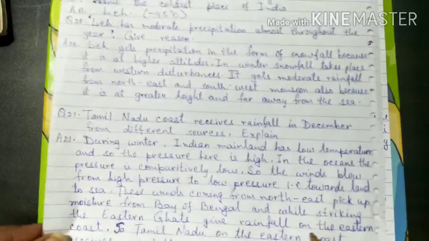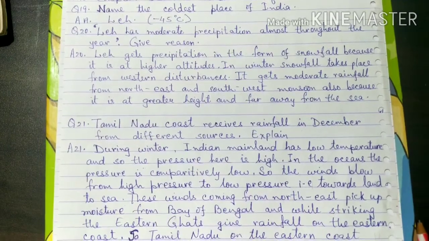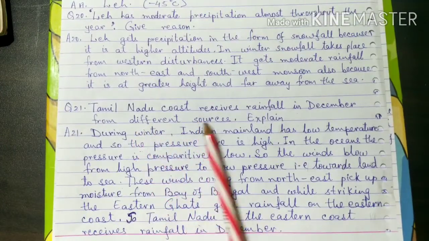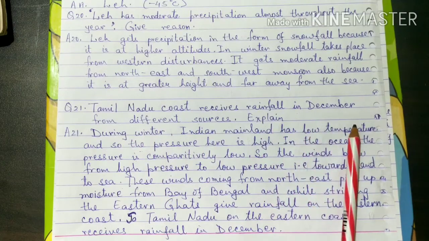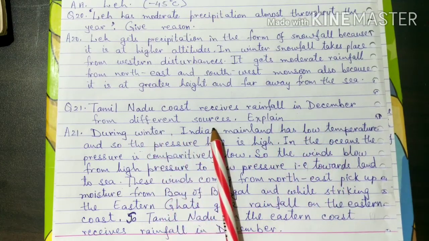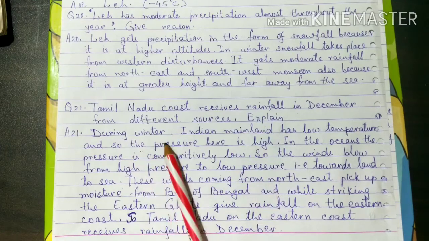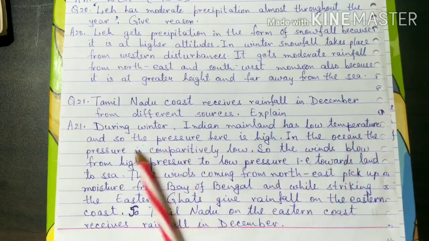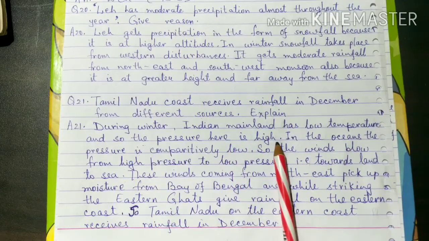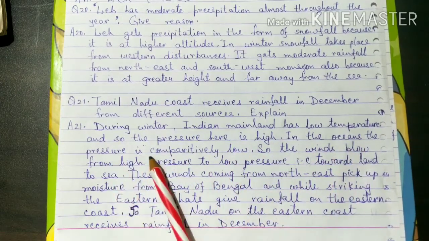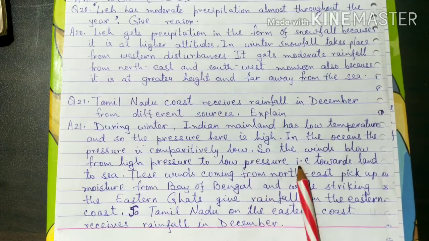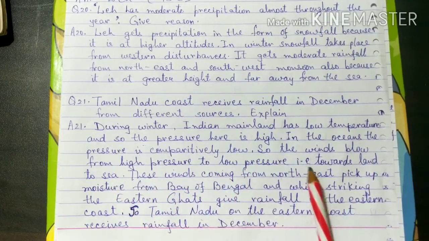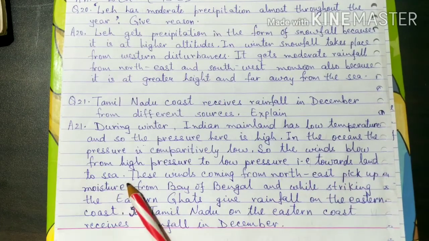Next very important question, and this is a common question which you will find in most of the exams. The Tamil Nadu coast receives rainfall in December from different sources. Explain. During winter, the Indian mainland has low temperature and so the pressure here is high. In the ocean, pressure is comparatively low. So the winds blow from high pressure to low pressure, that is from land to sea.